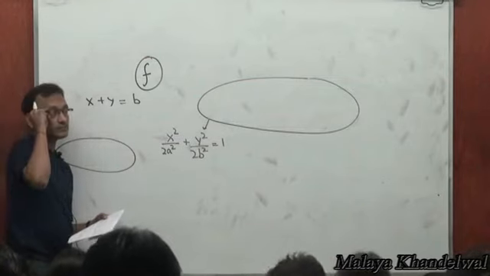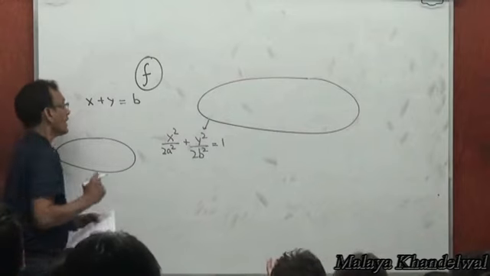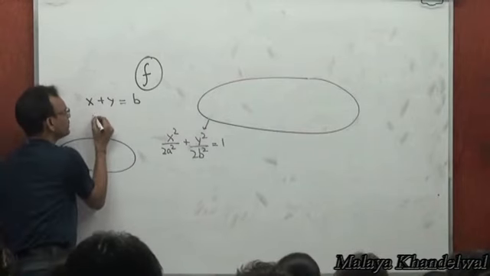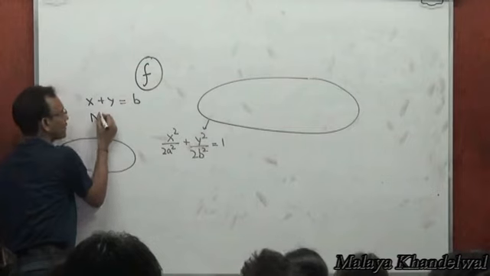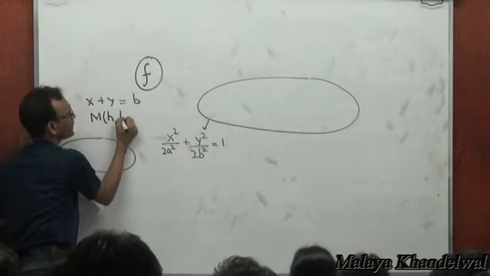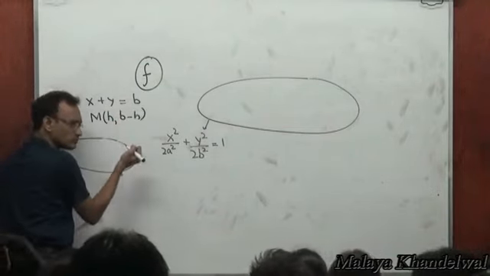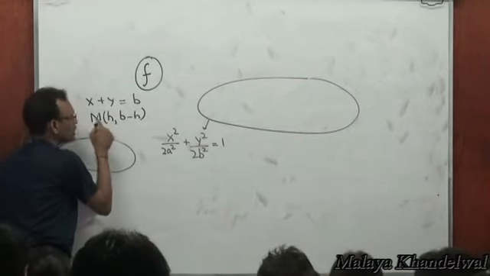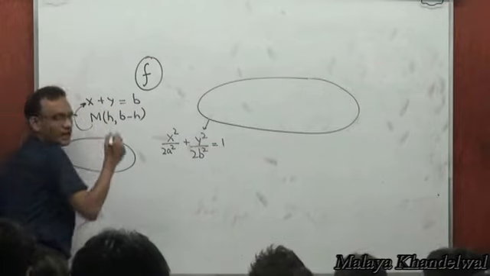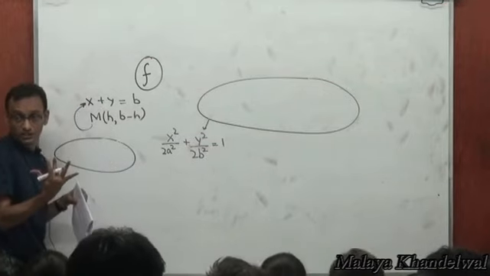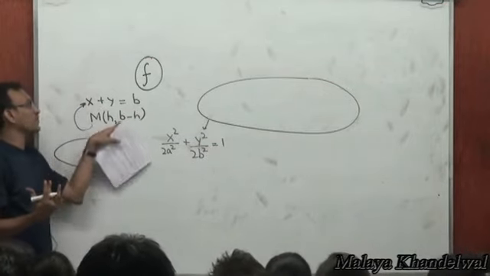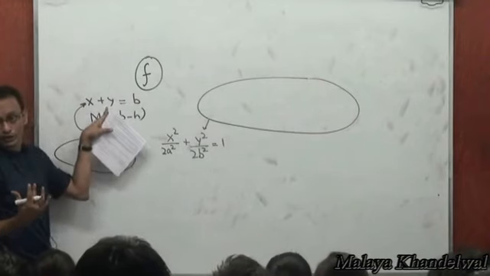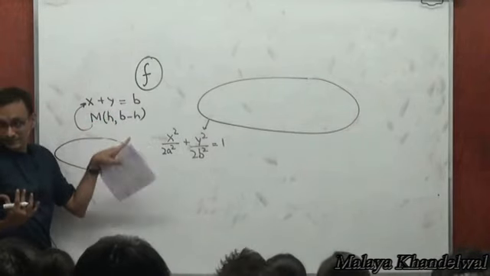Which means any point on x plus y equal to b is like x equal to h, y equal to b minus h. Yes or no? So if I select points of the form h comma b minus h, then these points are forced to lie on this line by their very choice. H comma b minus h for any value of h will be a point on it, right?